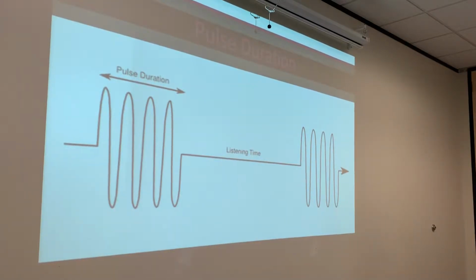You can count 4, easy. Or sometimes people just count the humps: 1, 2, 3, 4. But you have to be careful about that depending on where it starts. When I count, I always start from the beginning, from the line. 1, 2, 3, 4 cycles in this pulse.